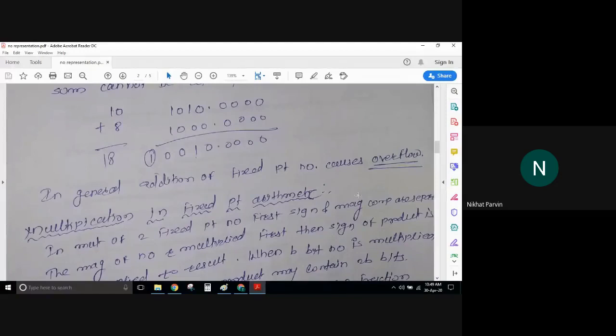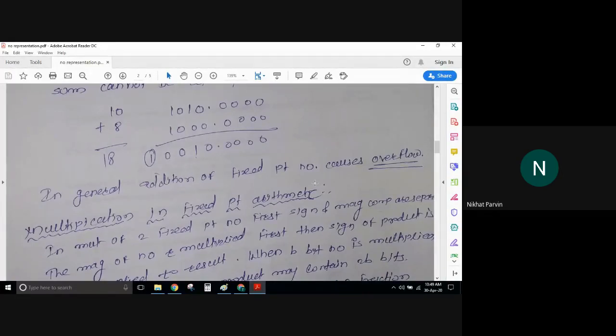To resolve this, one thing you can do is this. Earlier I talked about numbers which are only integers, not the fraction part. Now if you talk about numbers which consist of an integer as well as a fractional part, I will not multiply one integer-fraction number with another integer-fraction number.